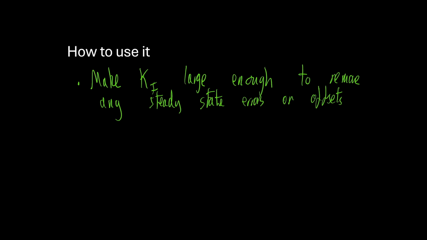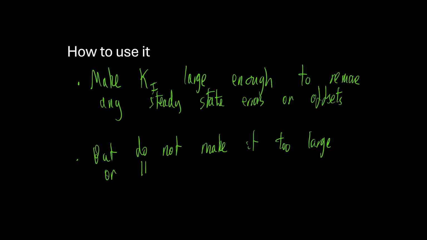But then don't make Ki too large, because then you will become unstable if there's any overshoots. So do not make it too large, or the system becomes unstable. The system and controller become unstable. That's a key term. It becomes unstable if Ki is too large.